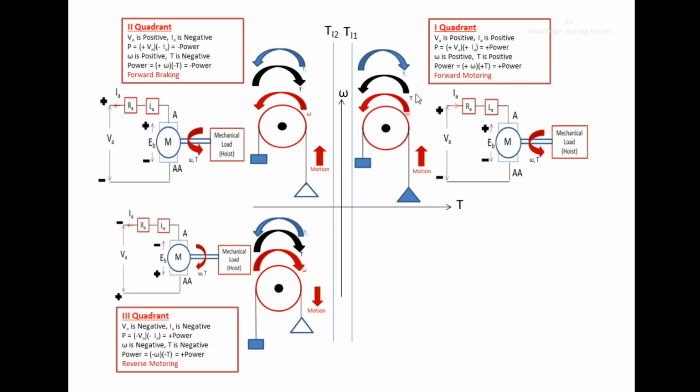Because the torque in the counterclockwise direction is assumed to be positive. So if the counterclockwise direction torque is positive, then the clockwise direction torque should be what? Negative. So when you multiply two negative quantities, you will get a positive quantity. Therefore, it is positive power and it is reverse motoring. Since we have performed motoring operation here and that too in the reverse direction, it is said to be reverse motoring. This is about the third quadrant.